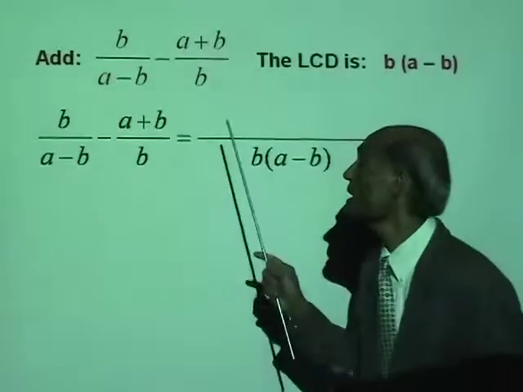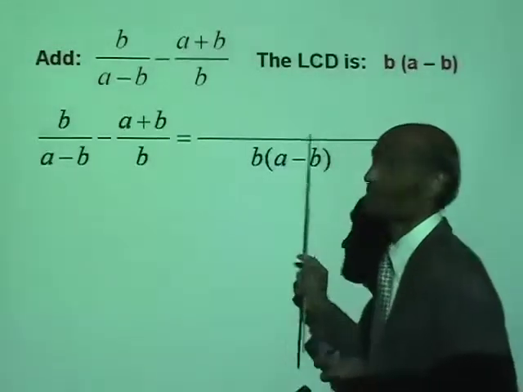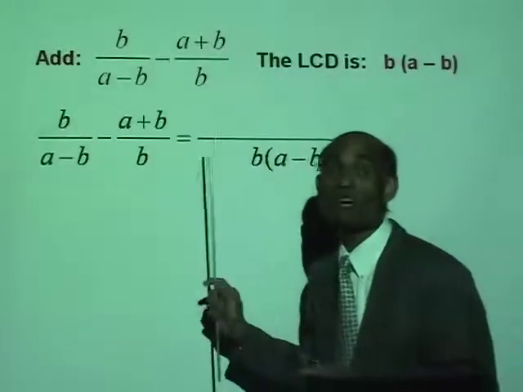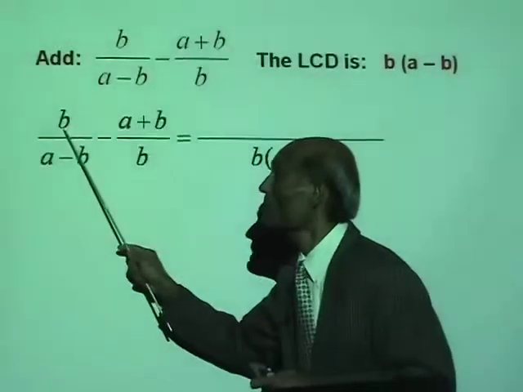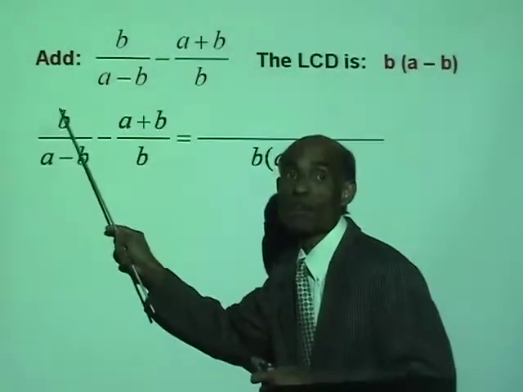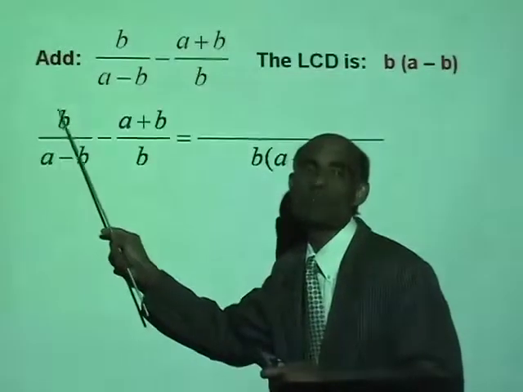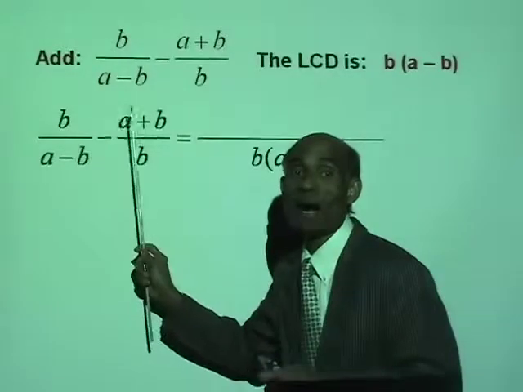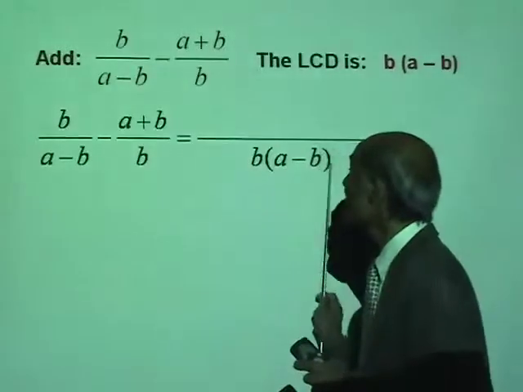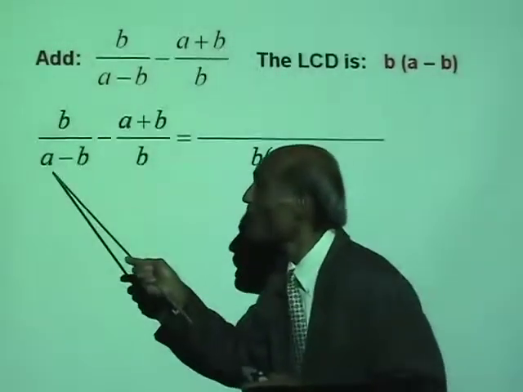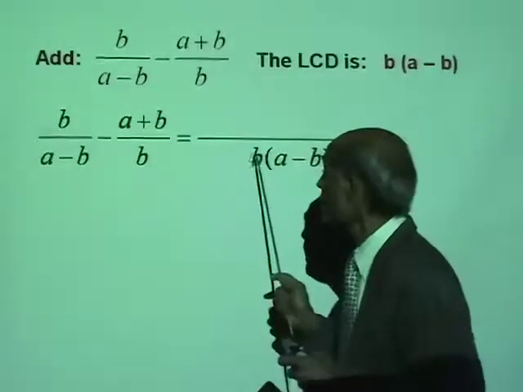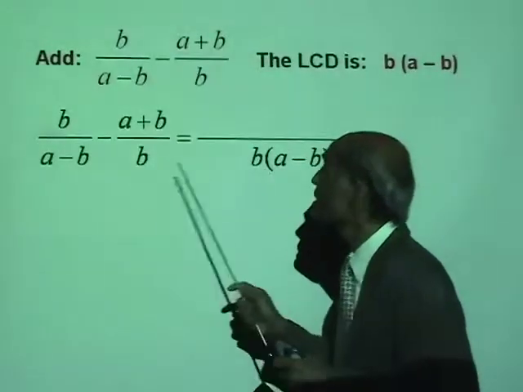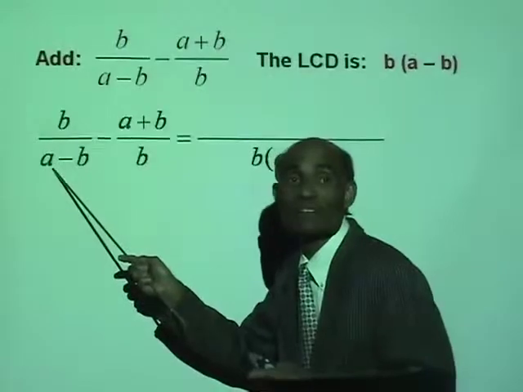Alright, now help me construct the numerator. And the numerator is constructed by starting here. What do you multiply this b with? This b will be multiplied by the factor in the LCD that is not here. Now, what is the factor in the LCD that is not here?